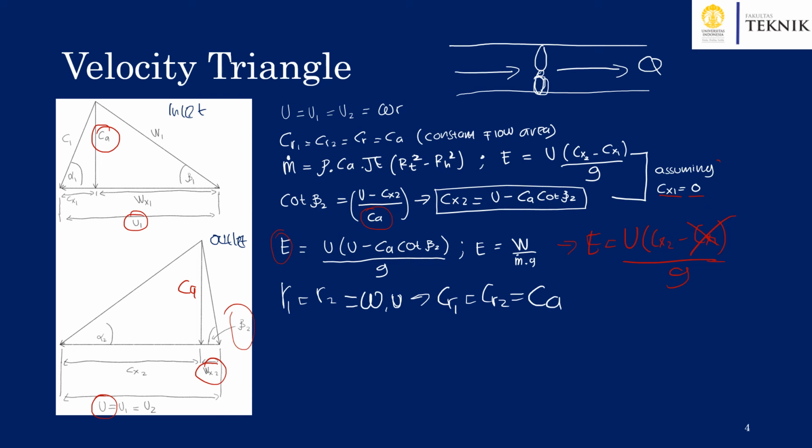By manipulating these equations, we get Cx2 on the left side, equal to U minus the axial velocity component multiplied by the cotangent of beta 2. We put it back into the Euler head equation and replace Cx2 with this to get the final form of the equation.